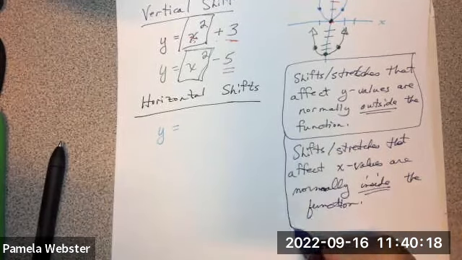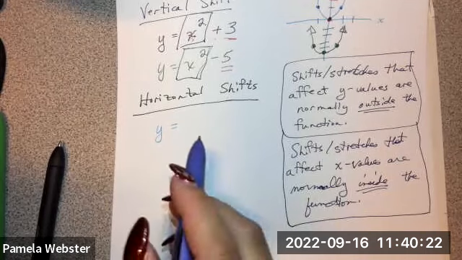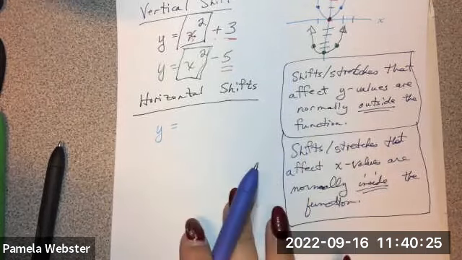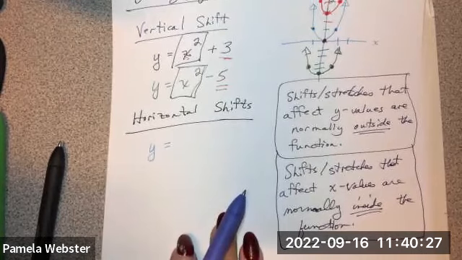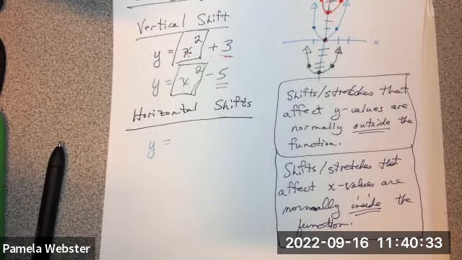Okay, those things normally occur inside the function. So I'm not going to add or subtract. And we figured out that the shifts, by the way, are adding and subtracting, right? So when I add and subtract, it moves up or down. So if I want to shift, I'm going to still use add and subtract, but now I'm going to do this inside of the function.